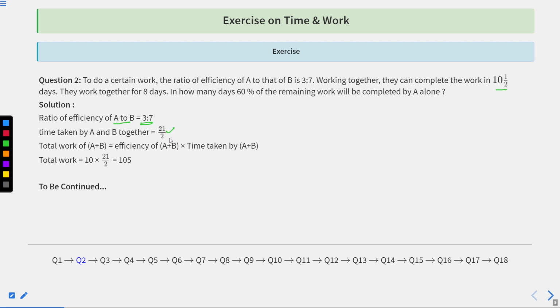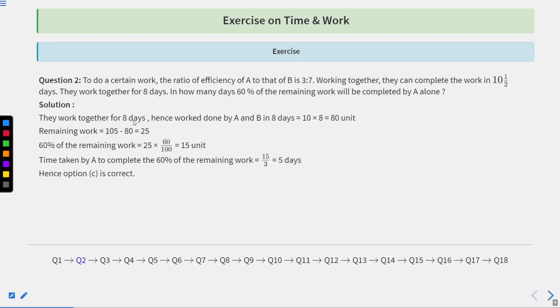So the total work will be the efficiency of A plus B times the time taken by A plus B. The efficiency of combined A plus B will be the sum of their ratios, 3 plus 7, that is 10. So the total work will be 10 times 21 upon 2, that is 105.